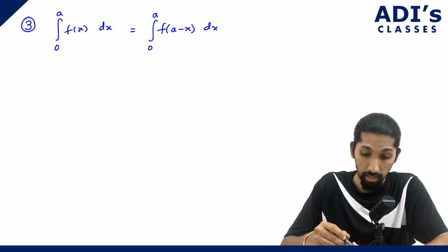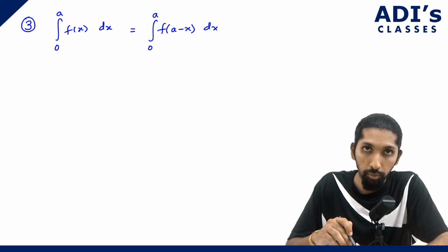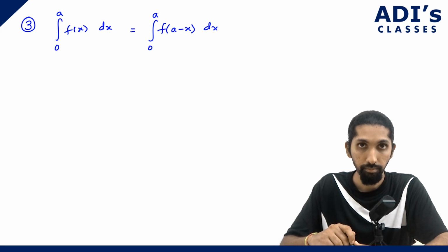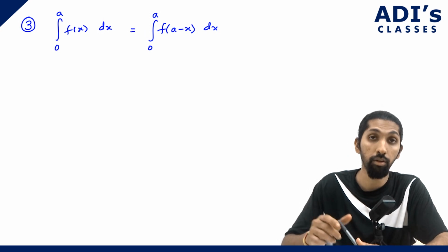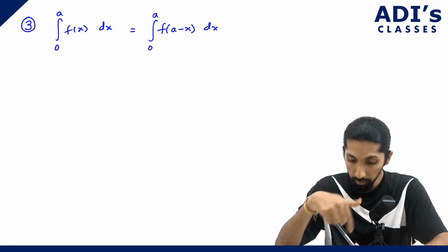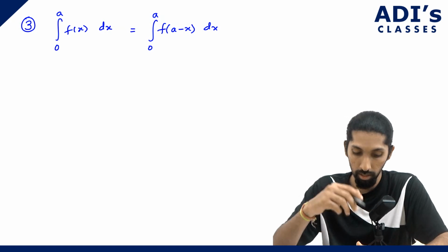This is the third property. There are n number of problems where we use this property, especially when you have trigonometric functions such as sine and cos.